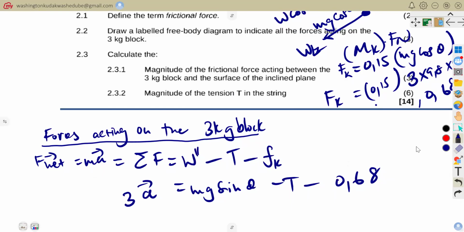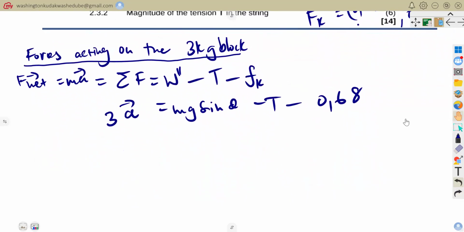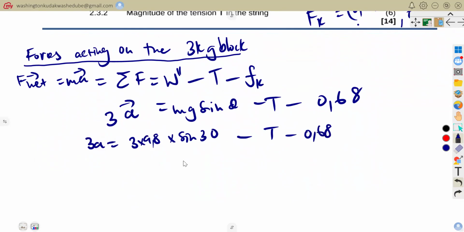After I've said that, I can solve for what I can solve for. This would be 3a equal to 3 times 9.8 times sine 30 minus T minus 0.68.